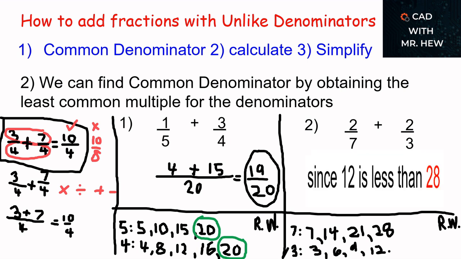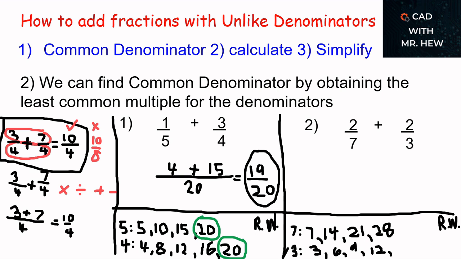Since 12 is less than 28, we're going to write the next multiple for 3. So we have 3 fours is 12, 3 fives is 15. We still don't have a least common multiple. And since 15 is still smaller than 28, we're going to keep writing the list of multiples for 3.